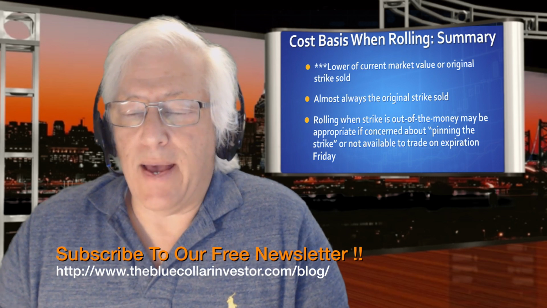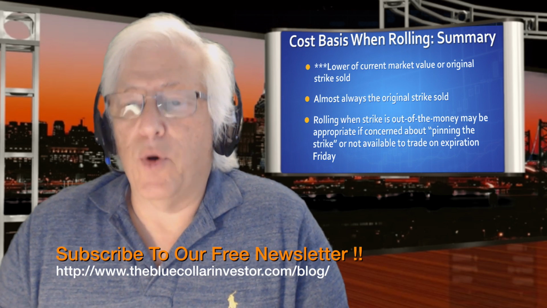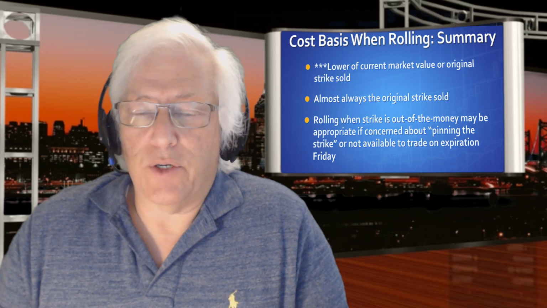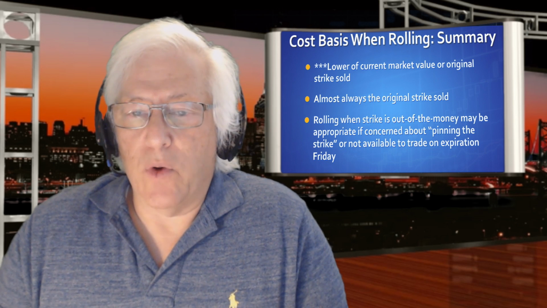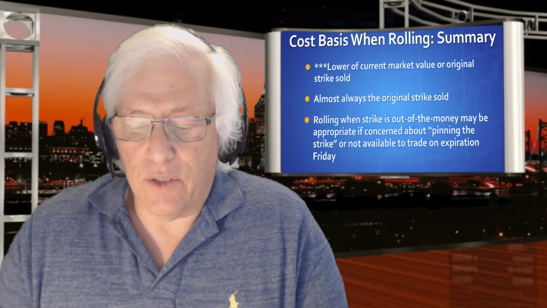Sometimes what will happen is, as expiration closes at 4 o'clock, in the next couple of minutes, as trades are being closed, boom, the price of the stock moves to the 30 strike, and we could lose our shares the following day. So if you don't want to take that chance, you roll the option, even though the share price might be $29.85 at the time.